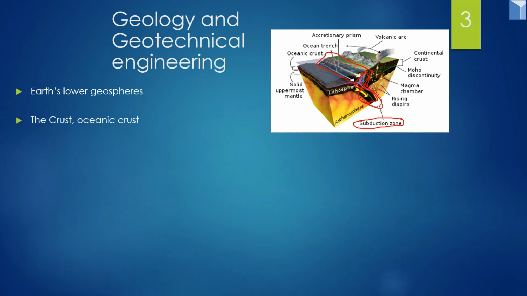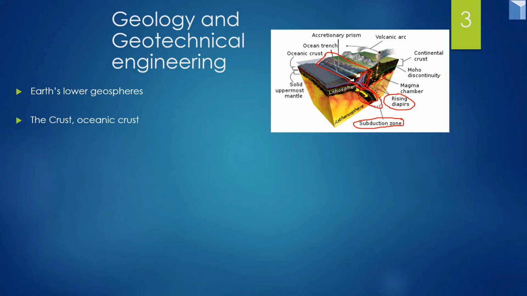Due to the differences in density, these materials can accumulate together and rise up to collide with the lower part of the continental crust, and from the collision process, some earthquakes also happen without volcanic eruptions.